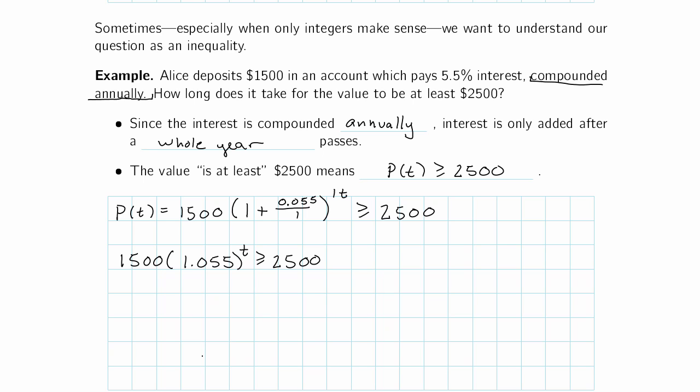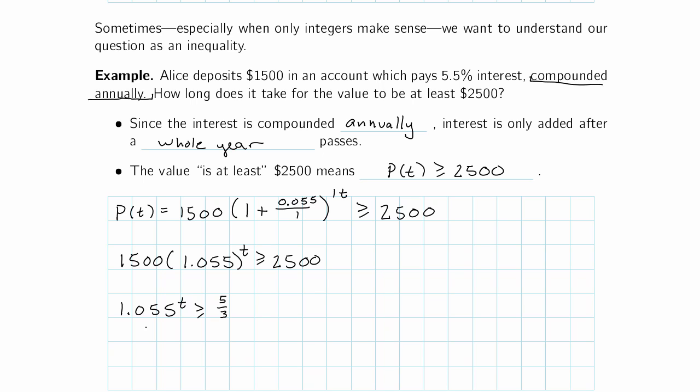Divide both sides by 1,500. We have 1.055 to the t is greater than or equal to, working that out on the calculator, we get 5/3. I'm going to leave that as a fraction because it doesn't give me a very nice decimal.